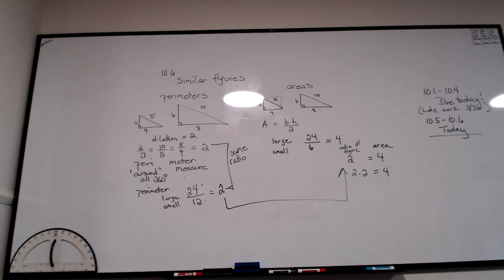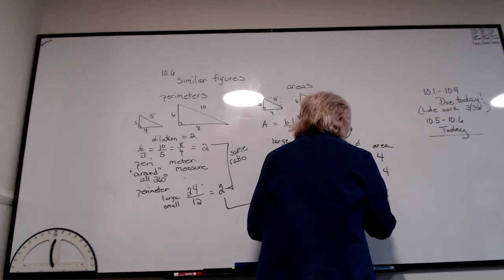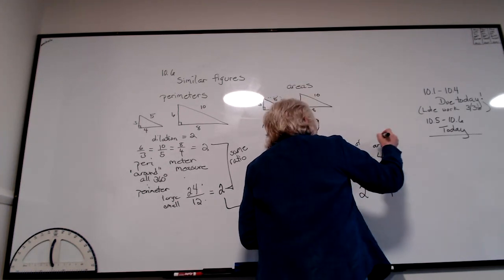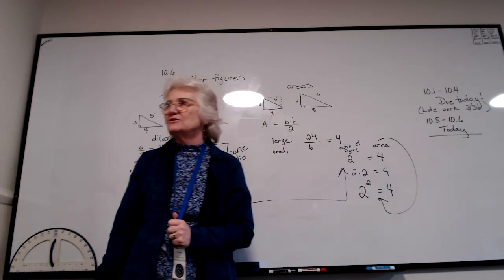How do I write repeated multiplication? Elijah, what is 2 times 2? It's 2 to the power of 2. It's 2 squared. 2 squared equals 4. The area is always the square of the ratio.